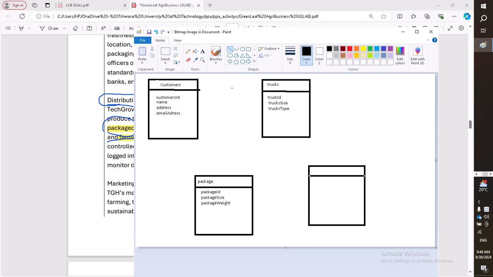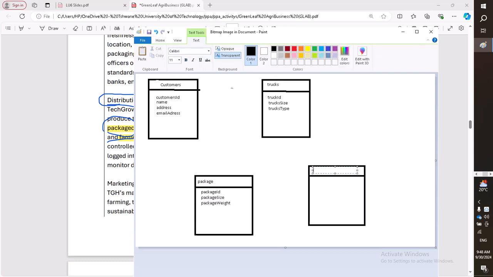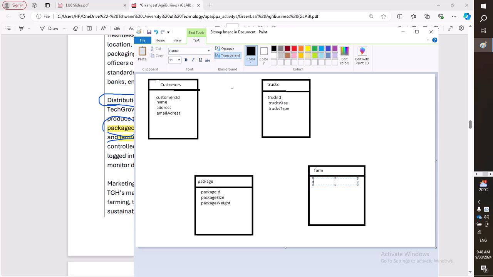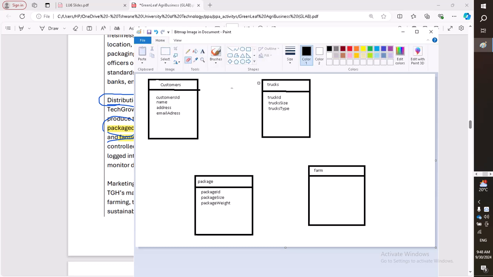Sorry for the small letters, I tend to forget that every class name should be uppercase.